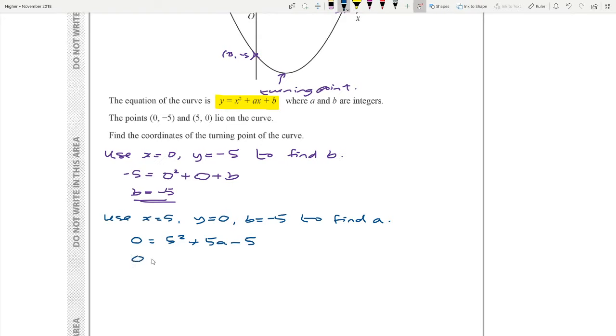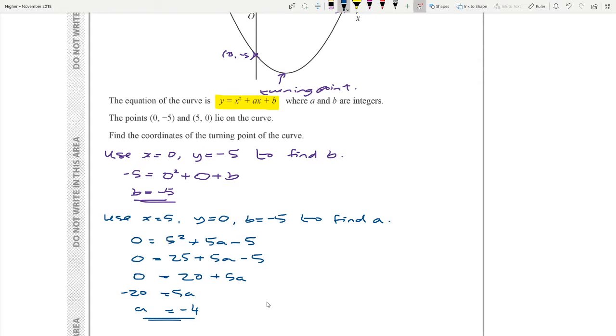So therefore 0 equals 25 add 5a minus 5. So 0 equals 20, 25 minus 5 is 20, add 5a. So rearrange this: 5a equals minus 20, or you can say minus 20 equals 5a. So therefore a equals minus 4.